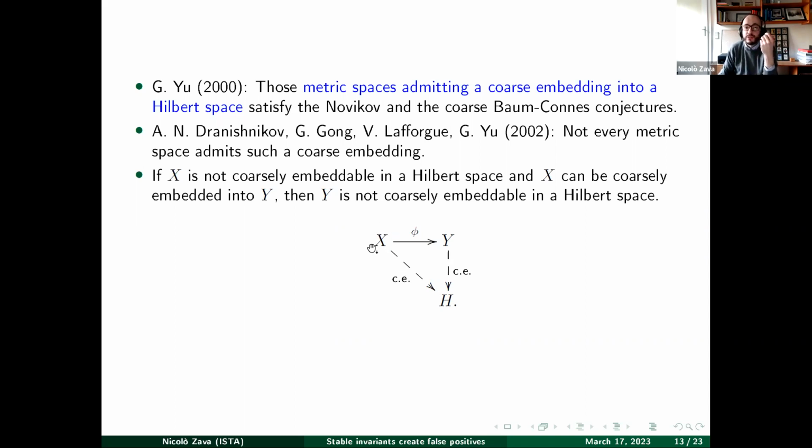If we find a coarse embedding from one of those pathological examples X, like the one from Dranishnikov, Gong, Lafforgue, and Yu, that cannot be coarsely embedded into any Hilbert space, into Y, then Y cannot be coarsely embedded into any Hilbert space, because otherwise we could compose the two coarse embeddings and obtain a coarse embedding from X to a Hilbert space, which is a contradiction.